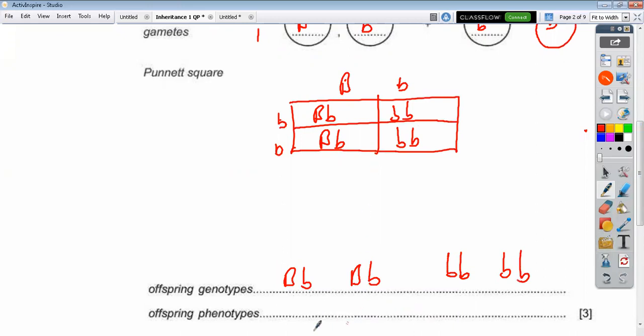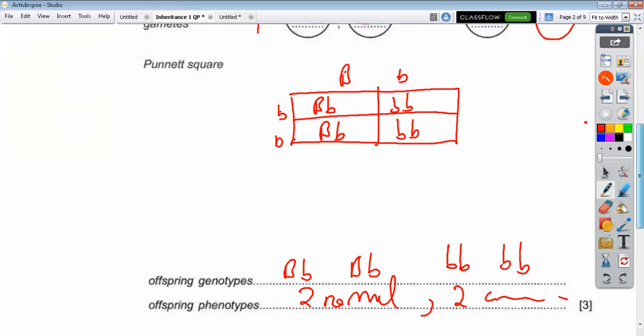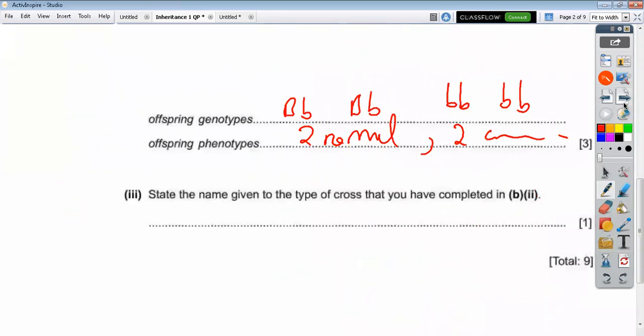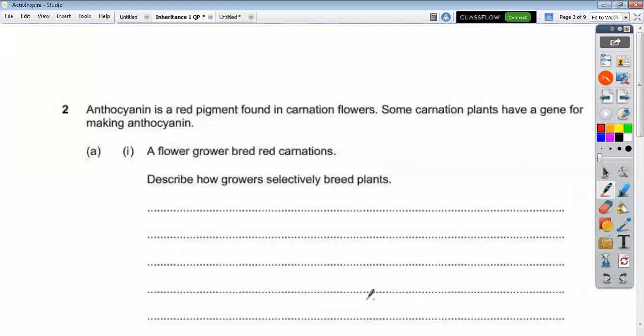From this, the offspring, we have 2 normal, then we've got 2 with the condition. Clear? Are we together? So it's called test crossing. Making sense now? Or it's not making sense?